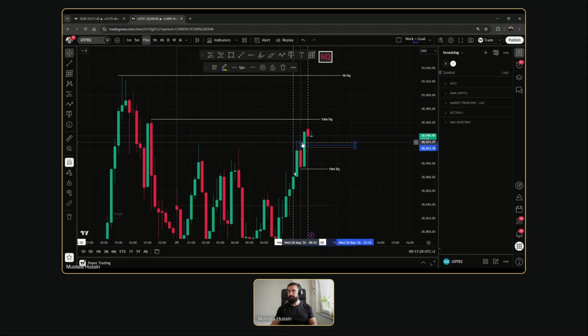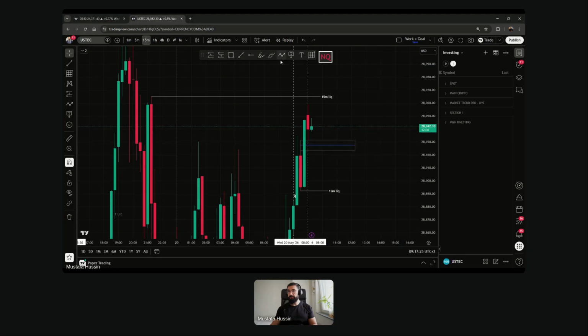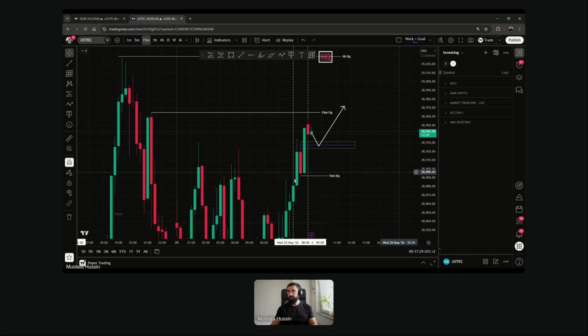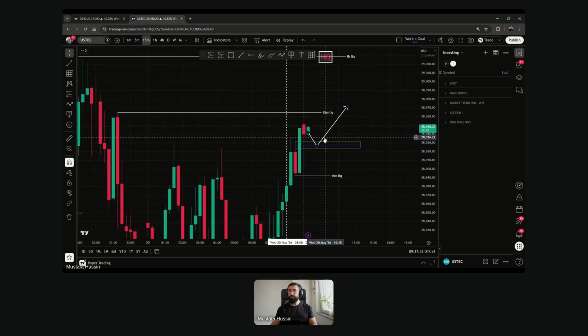I'm checking this area, the 15 minutes fair value gap area, because it might continue to the downside, tap into this, and then continue to the upside.